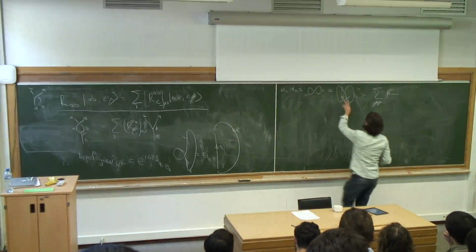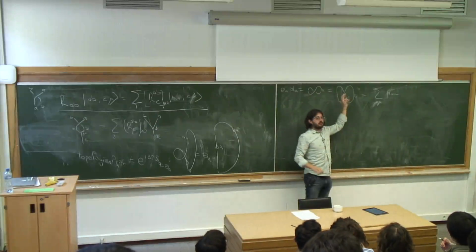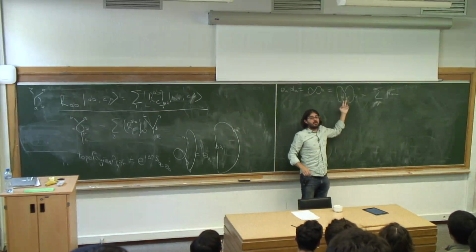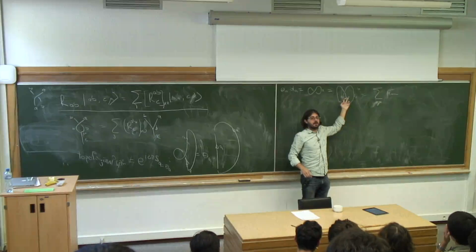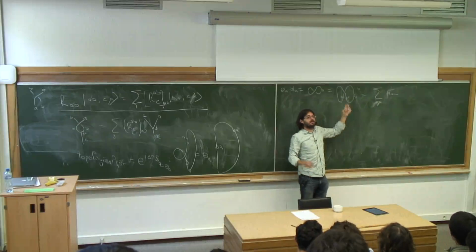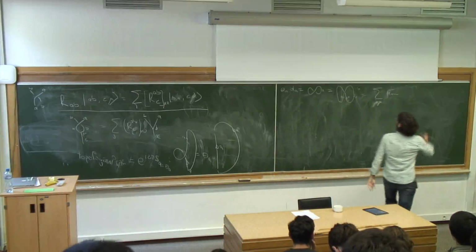So why can't I just switch them with an R matrix here? I don't know what fusion channel these are in, right? A and A. So I have to insert an identity, fuse them, and then change them.